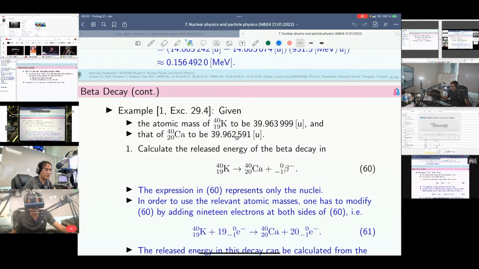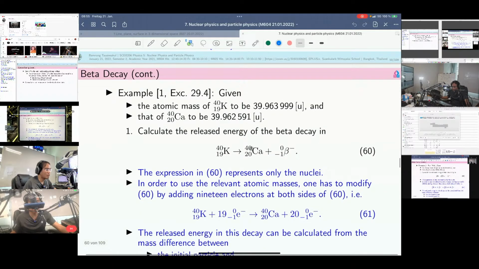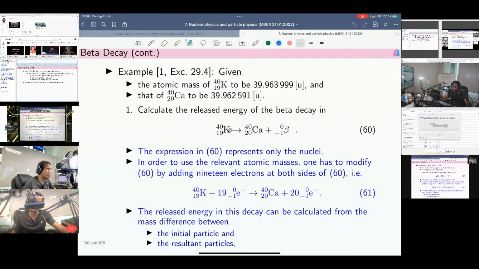They didn't measure the nucleus in an ionized state. They measure it as a complete atom. So in order to use this value, we have to add electrons so that the atom becomes normal, not ionized. We add 19 electrons to the left hand side.